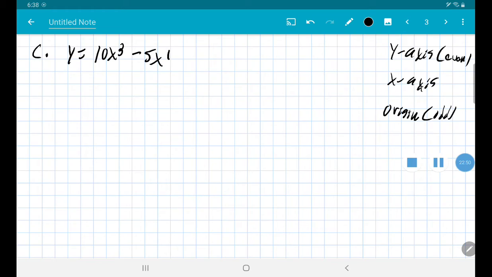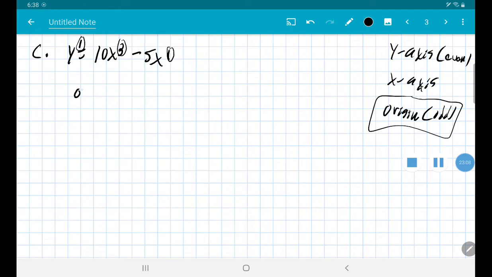And just looking at it, 5x is 5x to the 1. That's odd. That's odd. y to the first is odd. I am pretty much 99.999% sure this thing has origin symmetry.